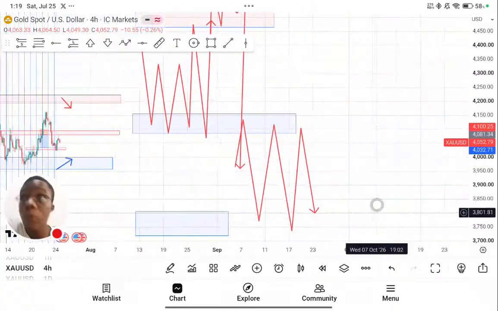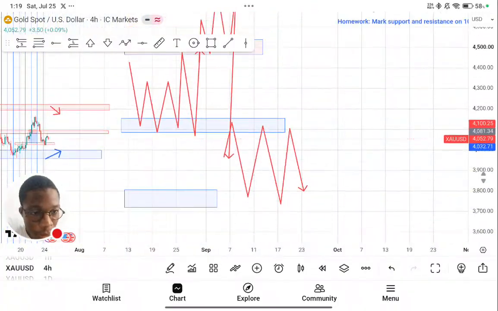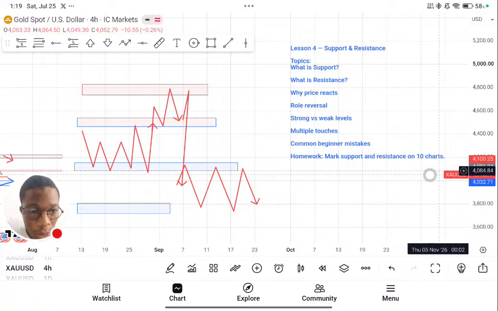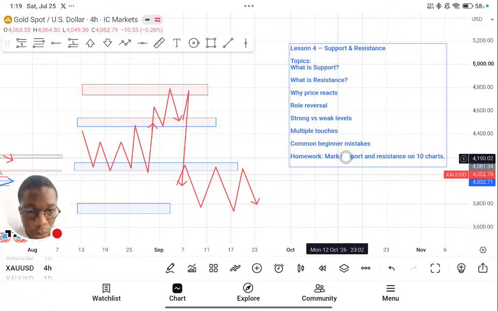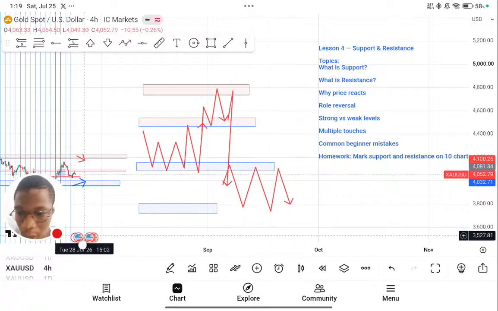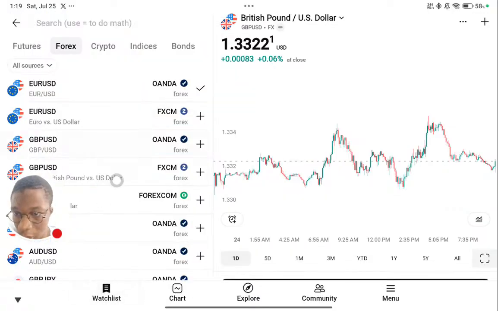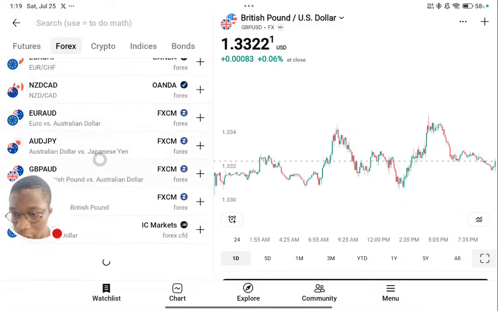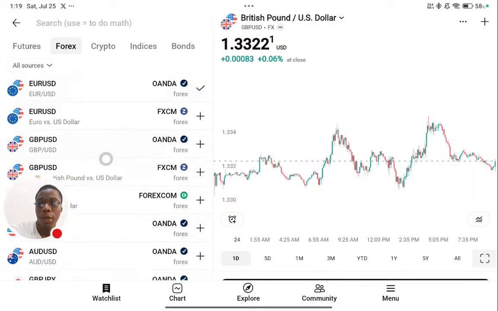So for the next lesson, just identify that on your own. Pick any asset of choice and do that.